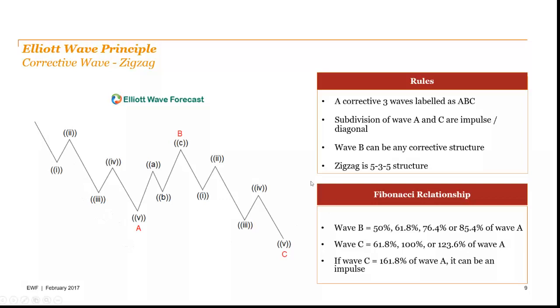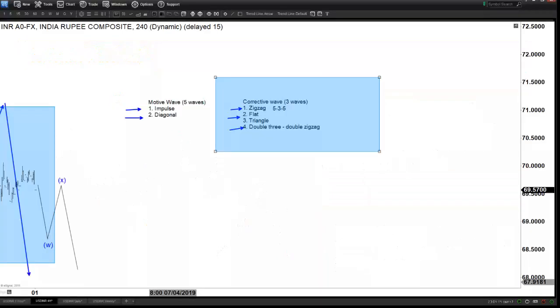Now remember, when we talk about corrective structure, we're saying that corrective structure is 3 waves, right? But 3 waves can be, if you recall, these different types: zigzag, flat, triangle, double 3, right? So going back here, this is showing just a simple ABC. So call this another zigzag.